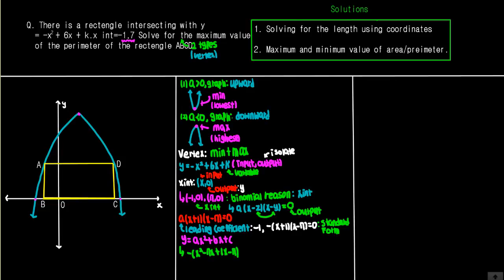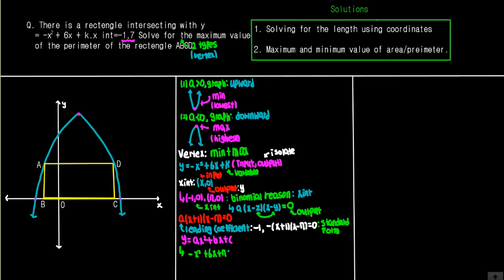And if we expand it further, this whole thing turns into negative x squared plus 6x plus 7. And all we did was distribute our negative value into all of our terms.